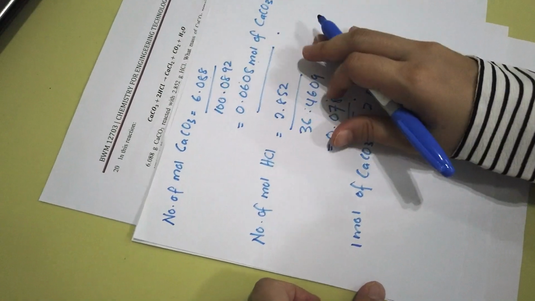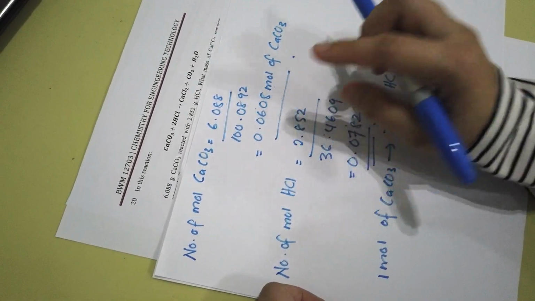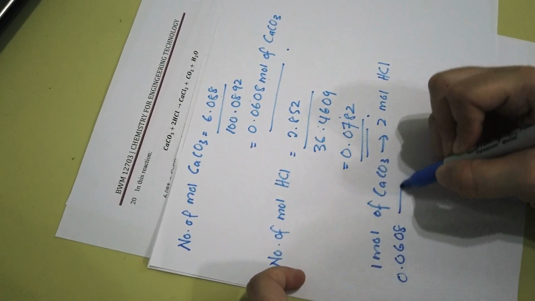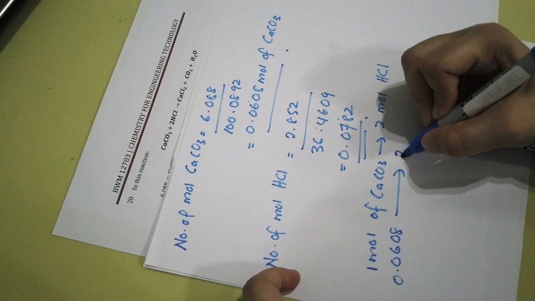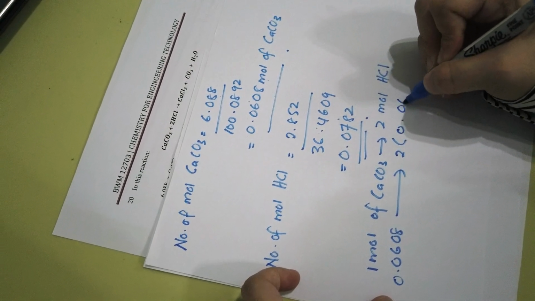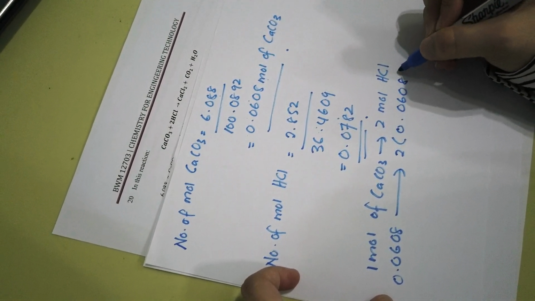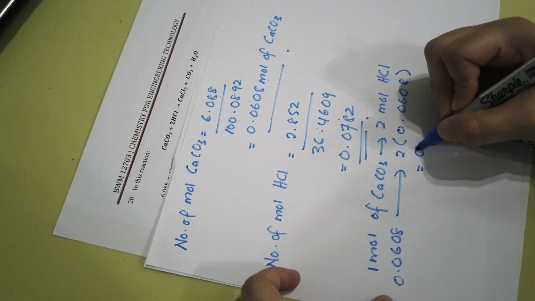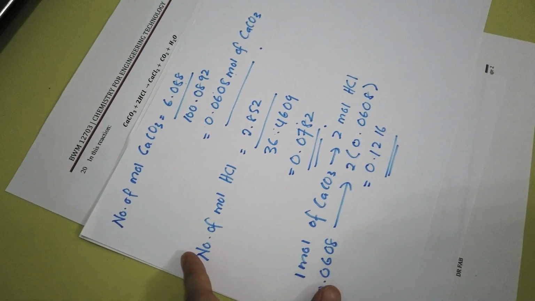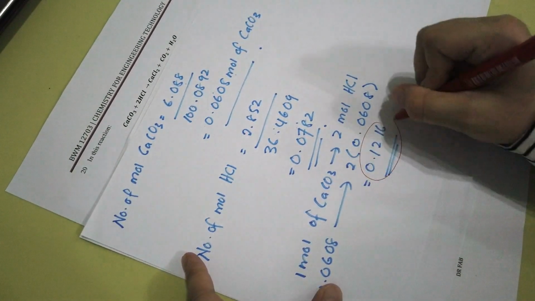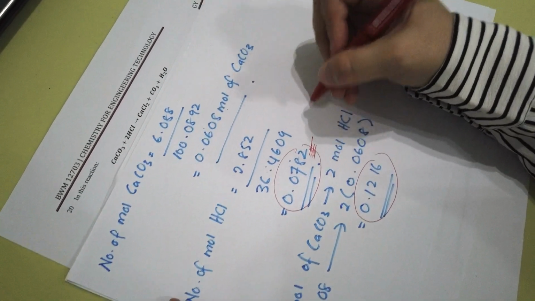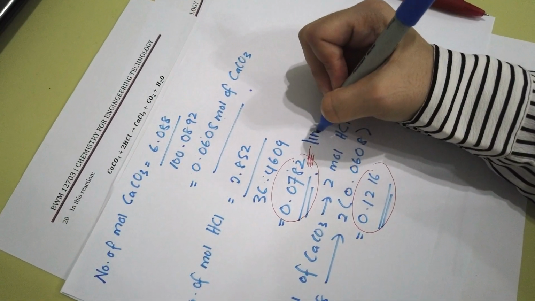So you have this much CaCO3, so 0.0608 mole of CaCO3 should need 2 moles times 0.0608, so you should get 0.1216. So obviously when you compare this value with this one is way smaller, making it the limiting reagent.